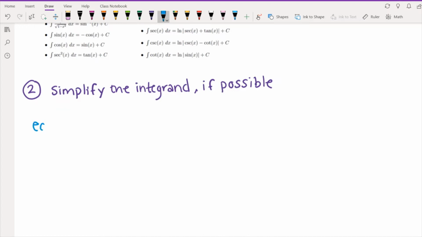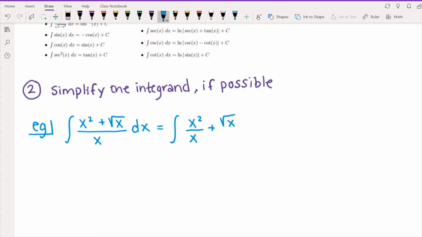So one example would be something like the integral of x squared plus the square root of x over x dx. We saw examples like this at the beginning of the quarter. This is one that you would want to split up into two fractions, right? So you would say, okay, it's going to be the integral of x squared over x plus the square root of x over x.